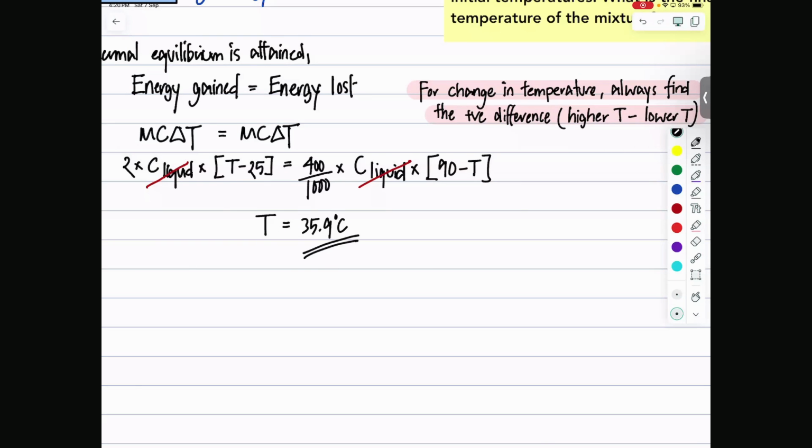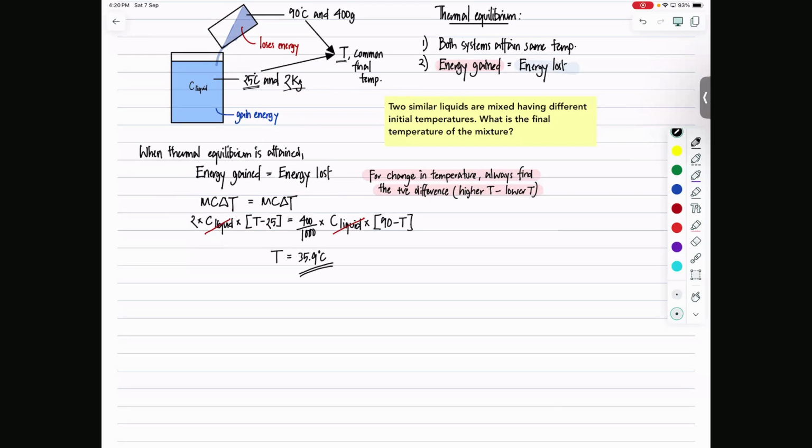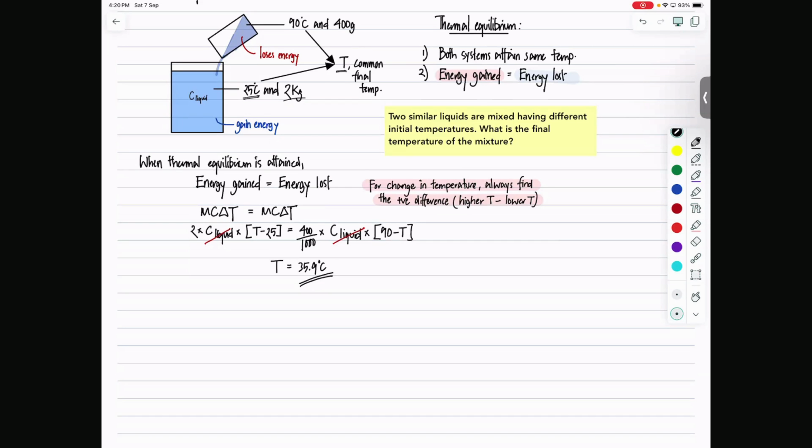That's the final temperature. Do you understand the process? So how do you solve these kind of questions? The process when it's in equilibrium, this is what you do, okay?